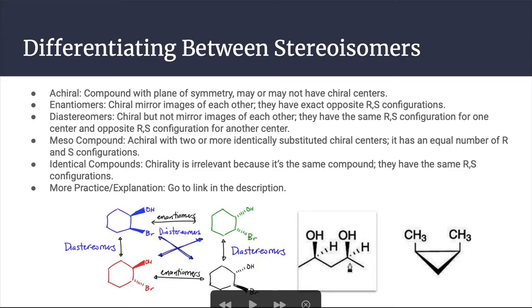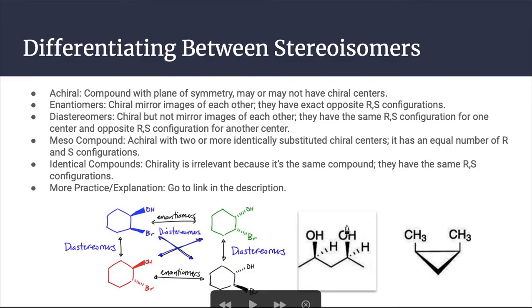But you can also look at the substituents of the chiral centers. There's chiral center 1 and chiral center 2, and they have the same substituents: an alcohol group, a hydrogen, a methyl group, and one other long chain that has an alcohol group attached to it.